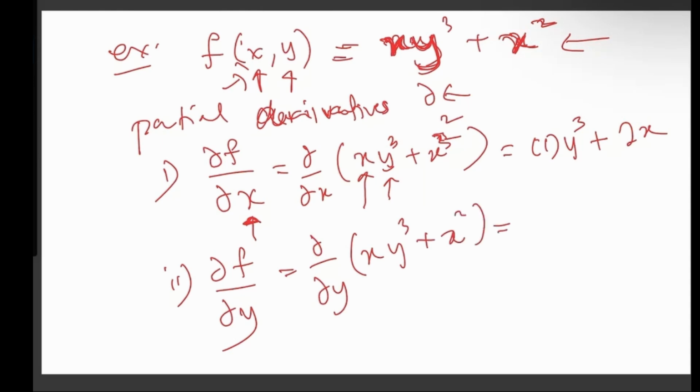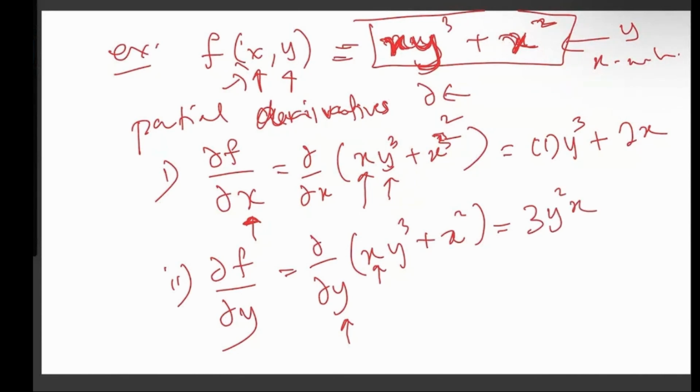We differentiate this equation with respect to y only, and x becomes a constant. If we differentiate y cubed, it becomes 3y squared x, plus the second term, which is constant, so it is 0.